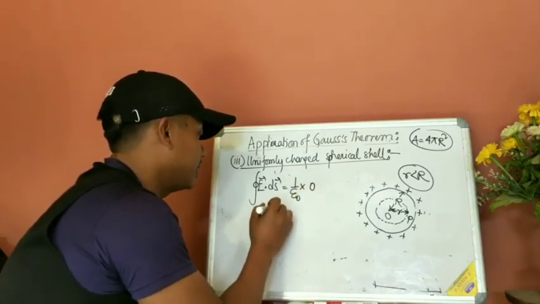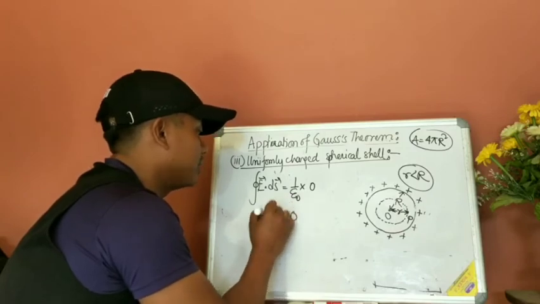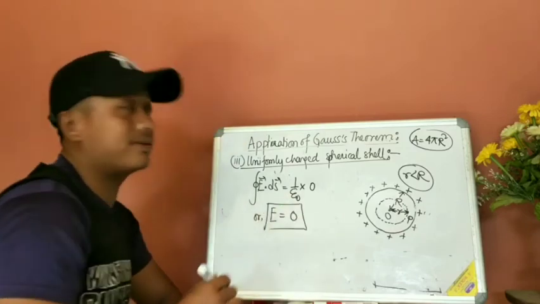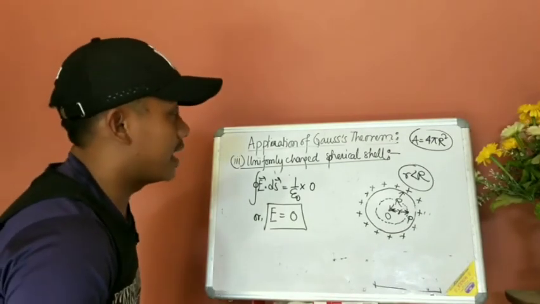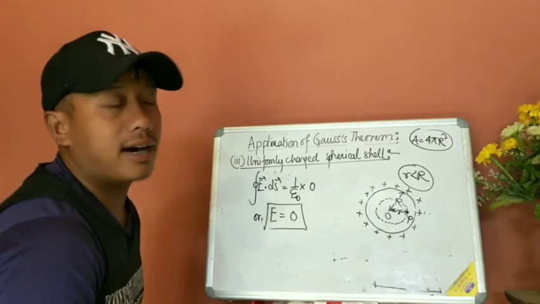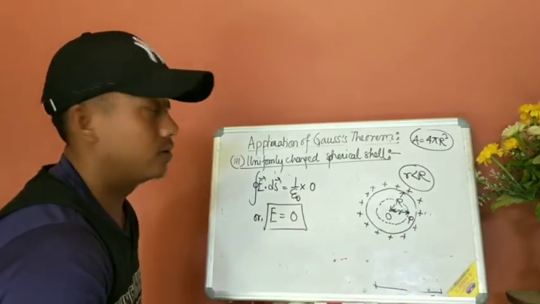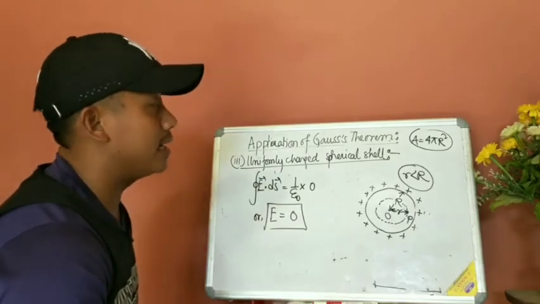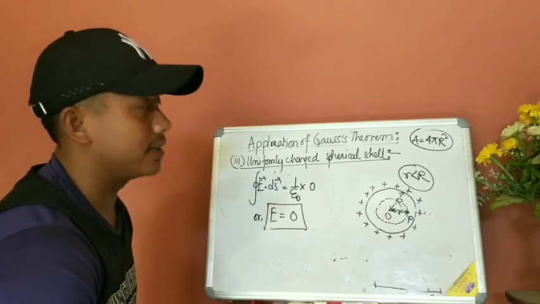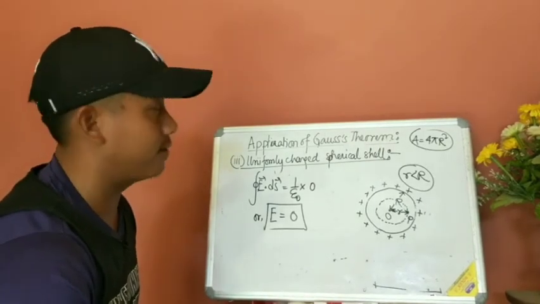Then obviously, the dot product expands, and your electric field will be 0. So this gives a very significant result, which shows that inside any charged surface the electric field is always 0, because electric charges reside only outside the surface, not inside.